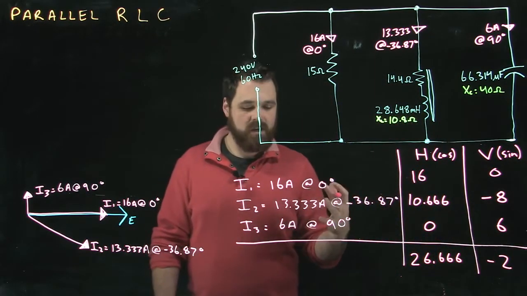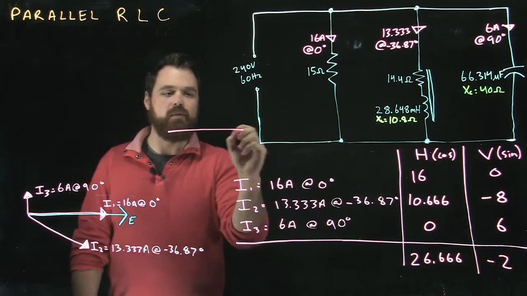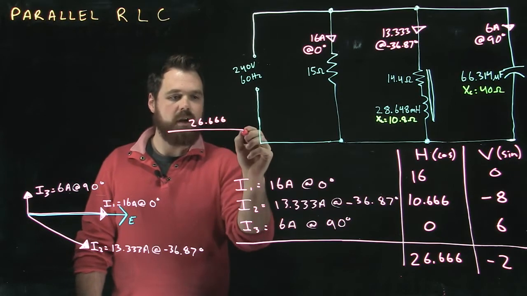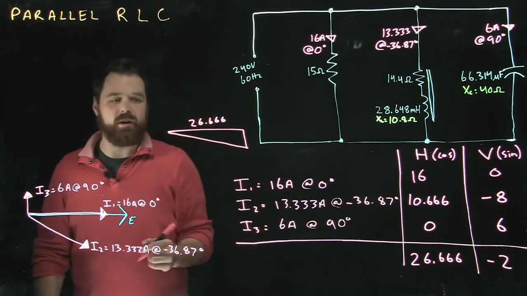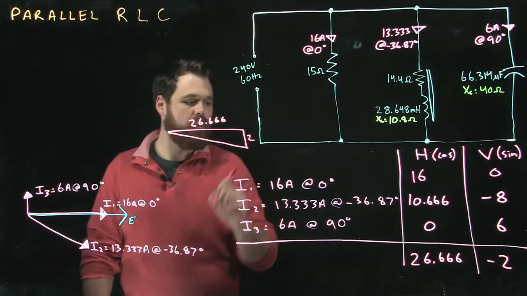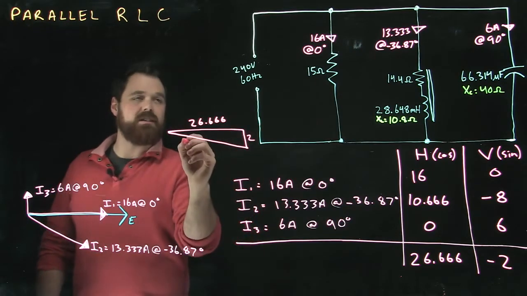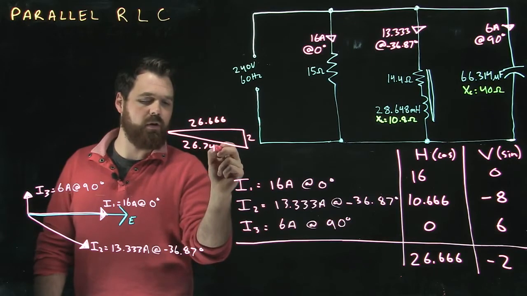Perfect. So what we've done is we've taken all that info and said, okay, if I'm starting here, I'm going over 26.666 and then going down 2. So we're making our own little current triangle. We can use Pythagorean's theorem and figure out our IT, which is 26.741.